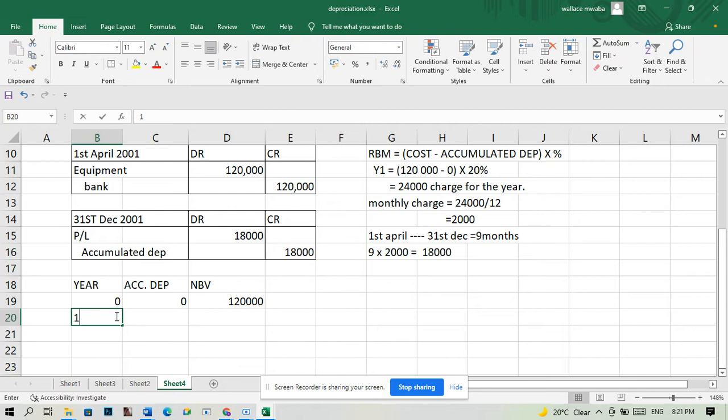And when we go to the end of year 1, because remember this was the 1st of April 2001, so now we'll go to year 1, which is the end of year 1, the 31st of December 2001.